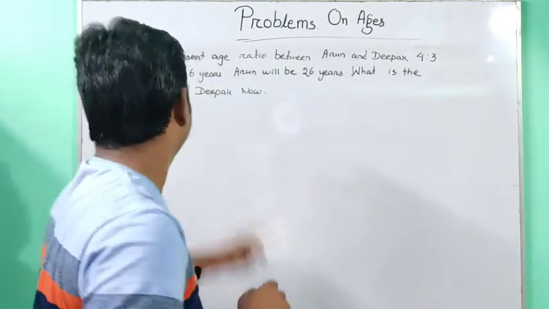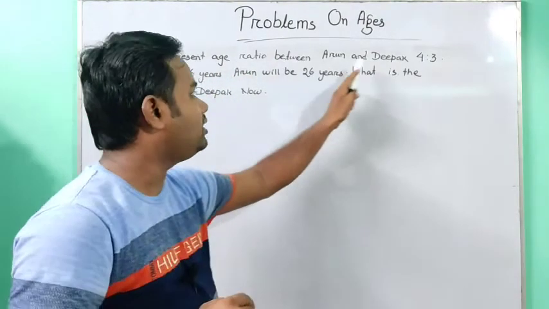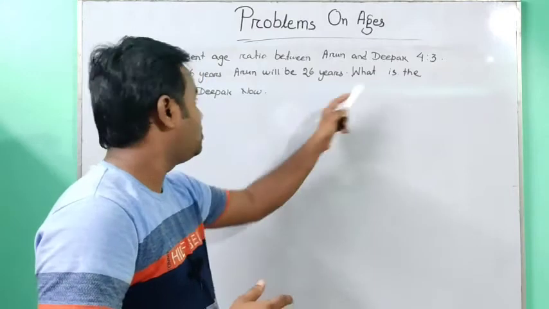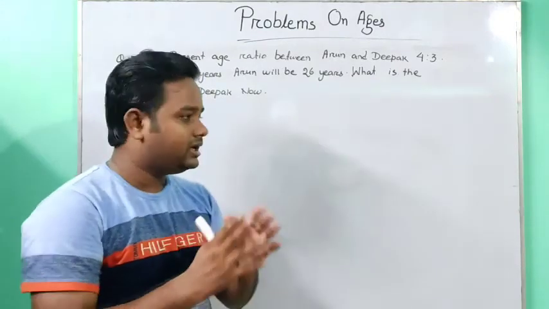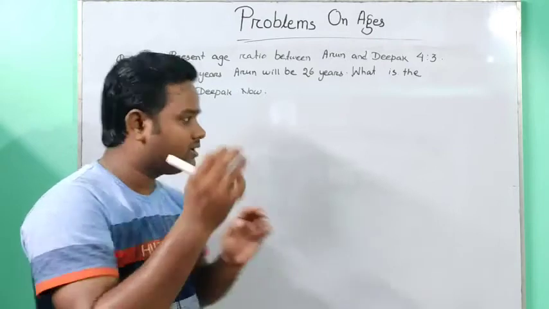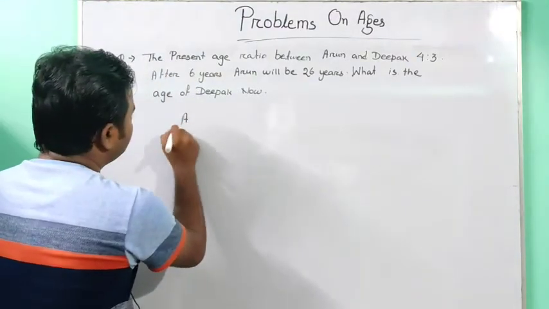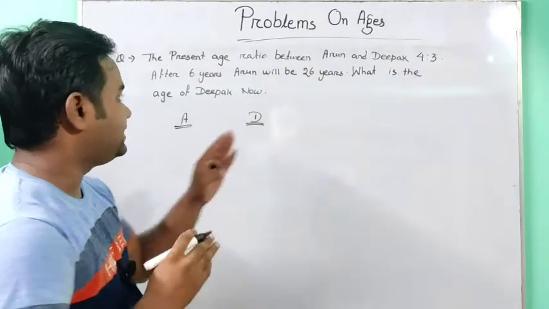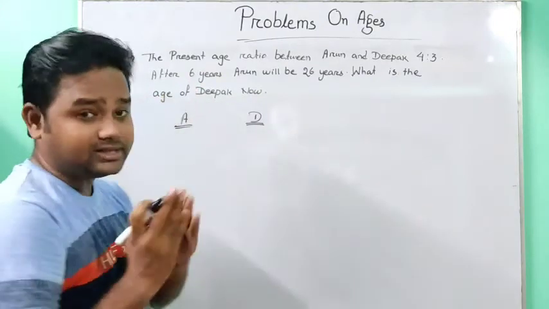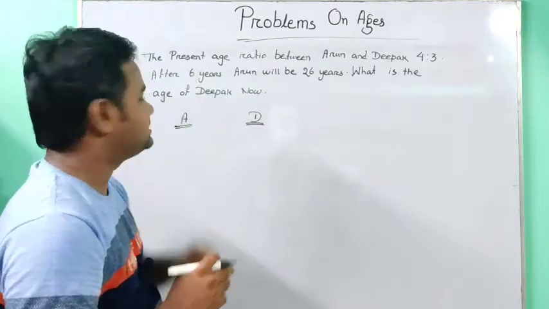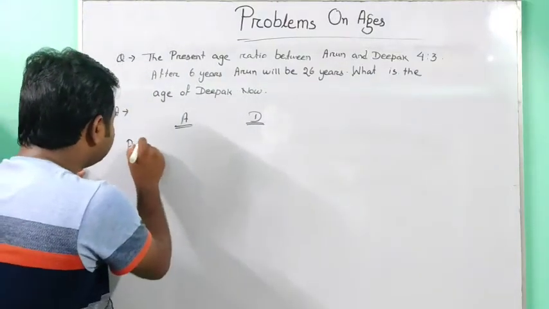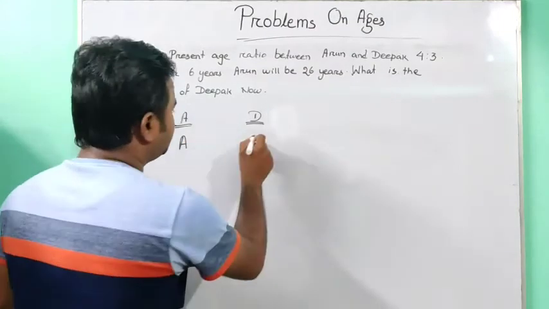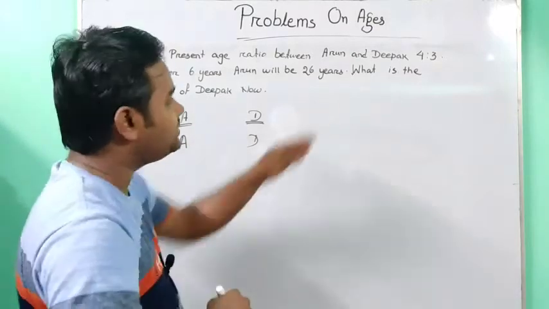The next question is, the present age ratio between Arun and Deepak is 4:3. After 6 years, Arun will be 26 years. What is the age of Deepak now? Here the ages of 2 persons are given. Person 1 is Arun and person 2 is Deepak. Presently the age of Arun is A and the age of Deepak is D, and the ratio between them is 4:3.